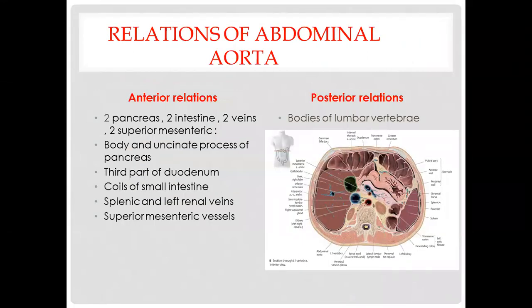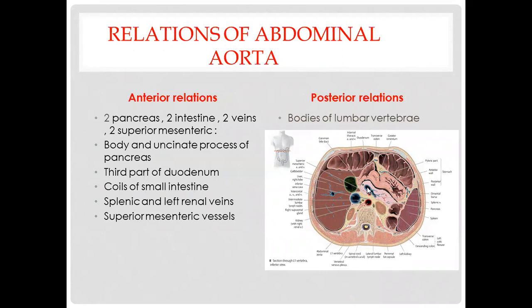As for the relations of the abdominal aorta in the abdomen, the posterior relation is simply the bodies of the lumbar vertebrae and the small lumbar veins, while anteriorly it is more complicated.